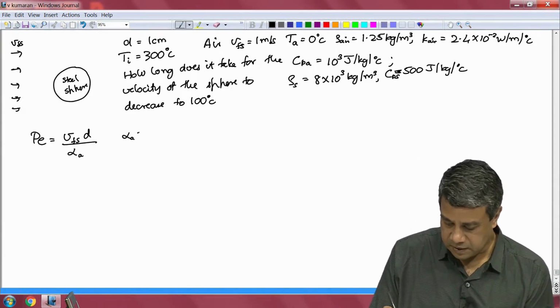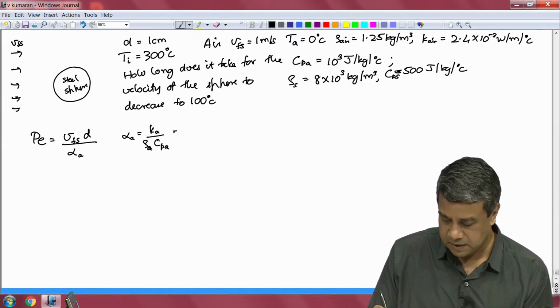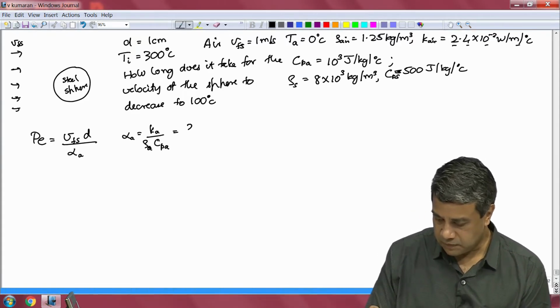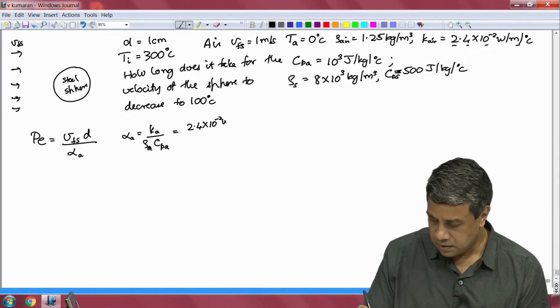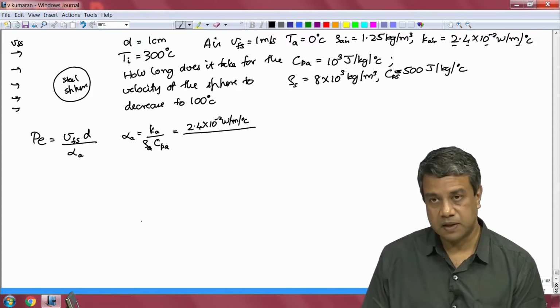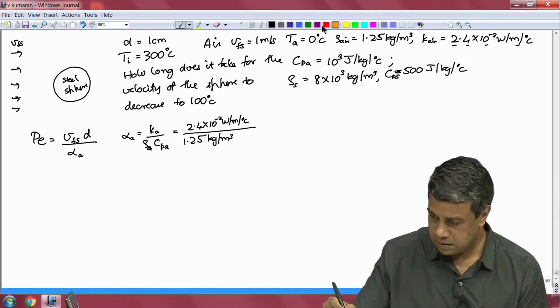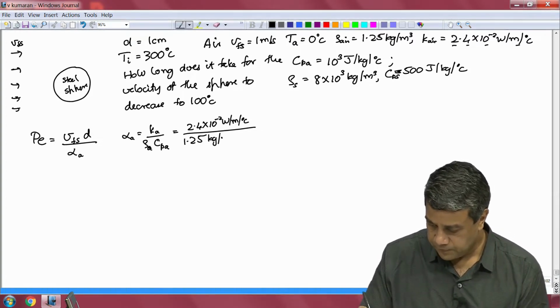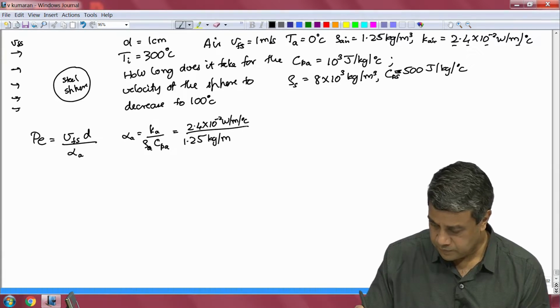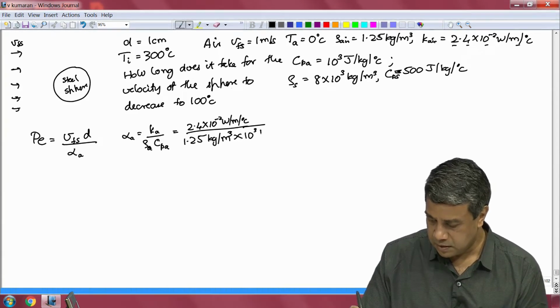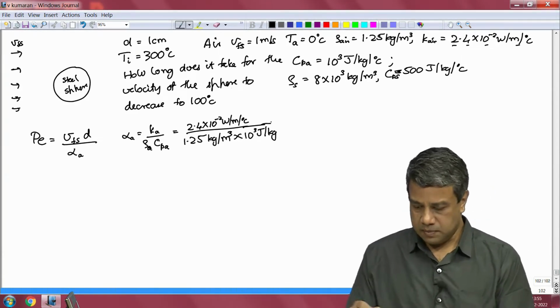The thermal diffusivity of air in turn is equal to K air by rho air times Cp air, which is equal to the thermal conductivity of air, 2.4 into 10 power minus 2 watts per meter per degree centigrade, divided by rho air, which is 1.25 kg per meter cubed, into the specific heat of air, 10 power 3 joules per kg per degree centigrade.